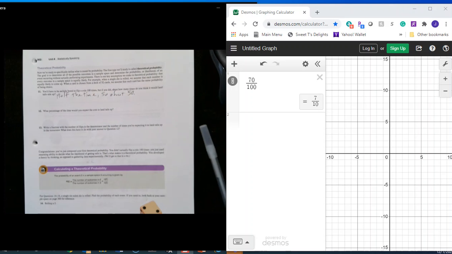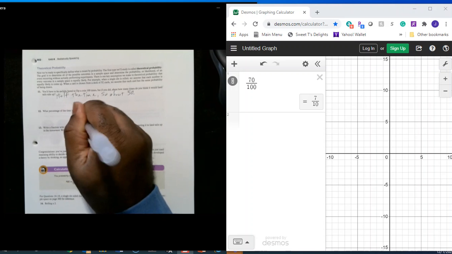Now I could go into explanation by saying that because there's only 2 outcomes, and if it's a fair coin, both outcomes have an equal chance of occurring. In theory, it should be 50-50. Okay, number 12. What percentage of the time would you expect the coin to land tails up? It'll be 50%.